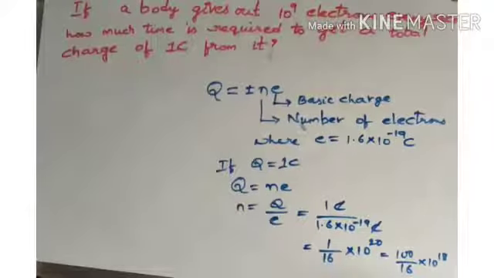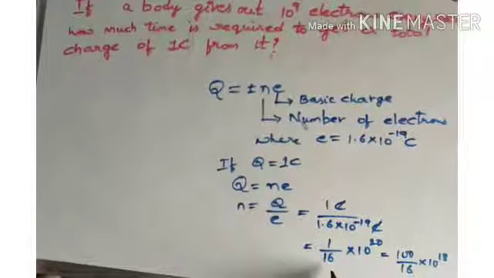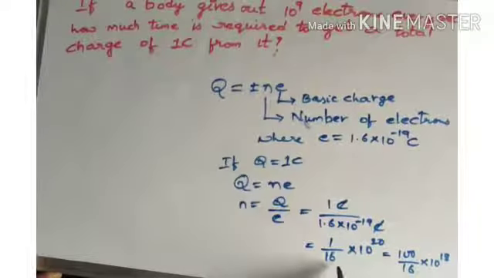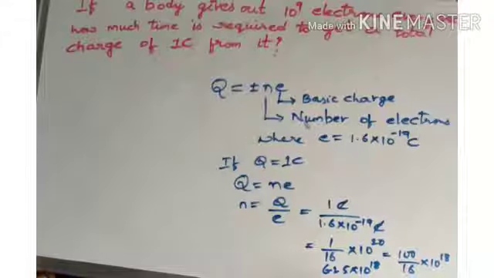If we simplify this further, we get 6.25 into 10 to the power 18. This is nothing but the number of electrons present in 1 coulomb of charge.